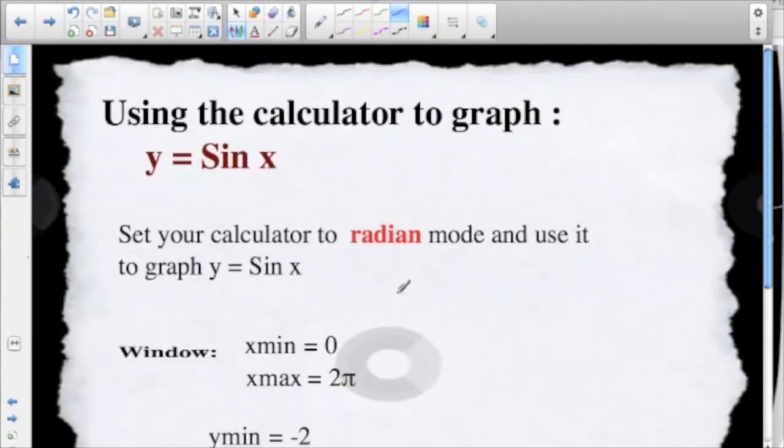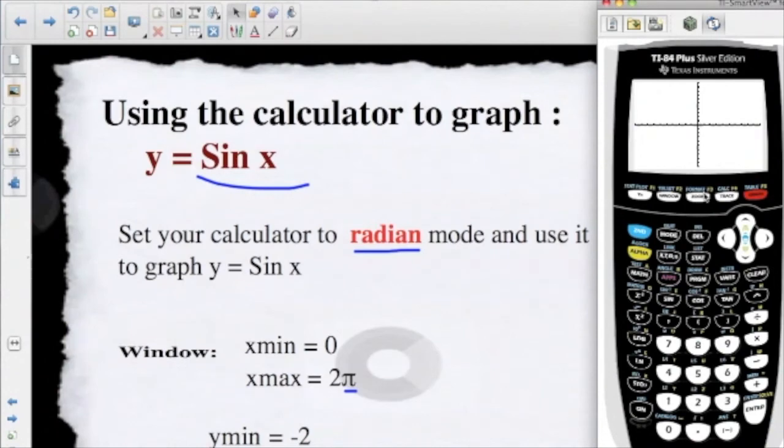Now, using your calculator, we're going to graph sine x. Make sure your mode is on radians because you're going to see a lot of pi's happening. Sometimes it'll be in degrees, but in this case it's going to be in radians. So calculator out.